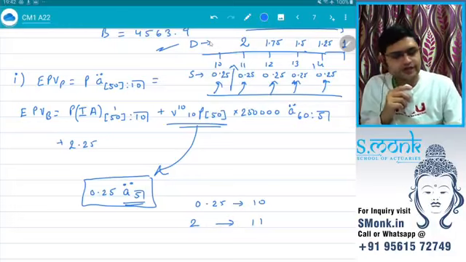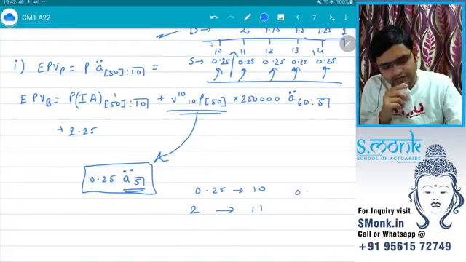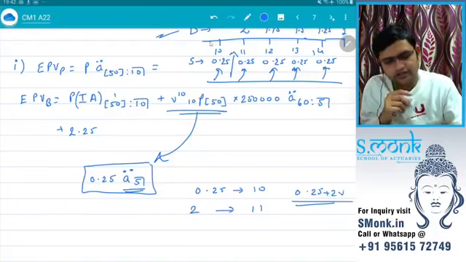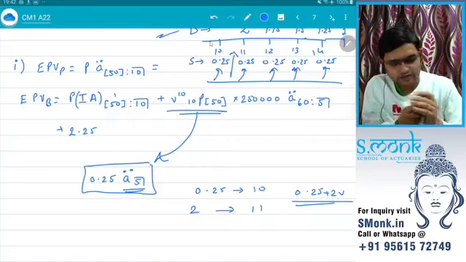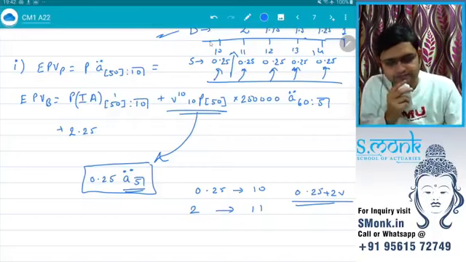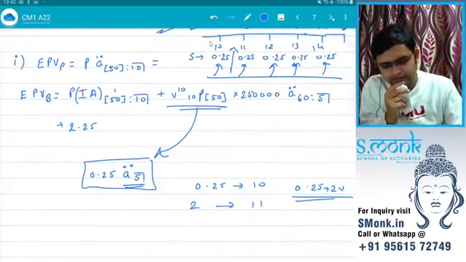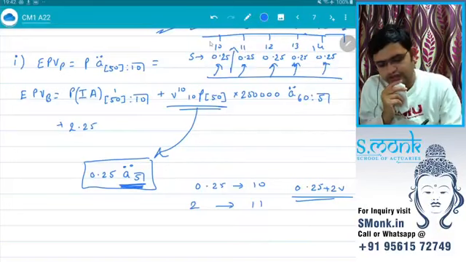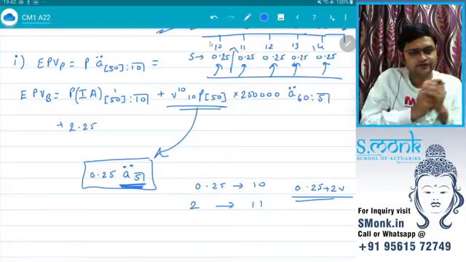So the present value will be what? Present value would be 0.25 plus 2 discounted for only 1 year, if I am discounting it back to time 10, right? Whereas here, what did we have? Here we had all of those values discounted at different times, right?